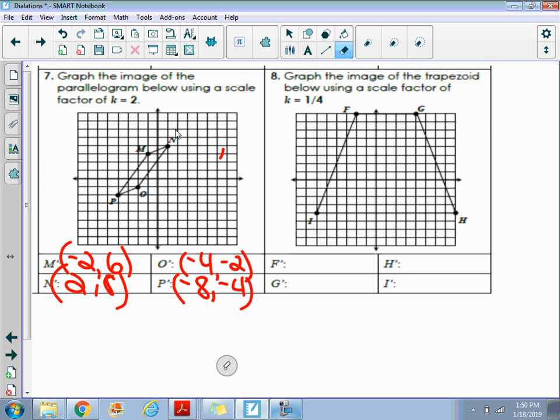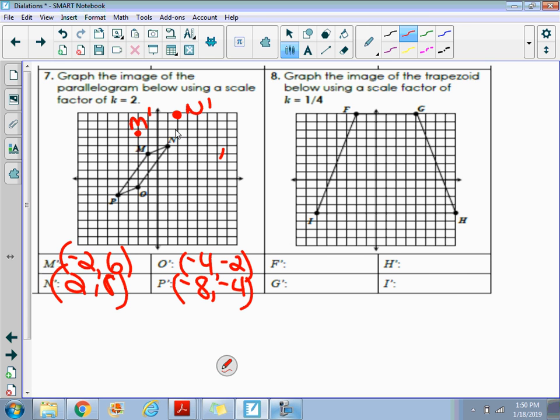All right, and then you just have to graph it. So 1, 2, 1, 2, 3, 4, 5, 6. So that's your M. 1, 2, 8, 1, 2, 3, 4, 5, 6, 7, 8.